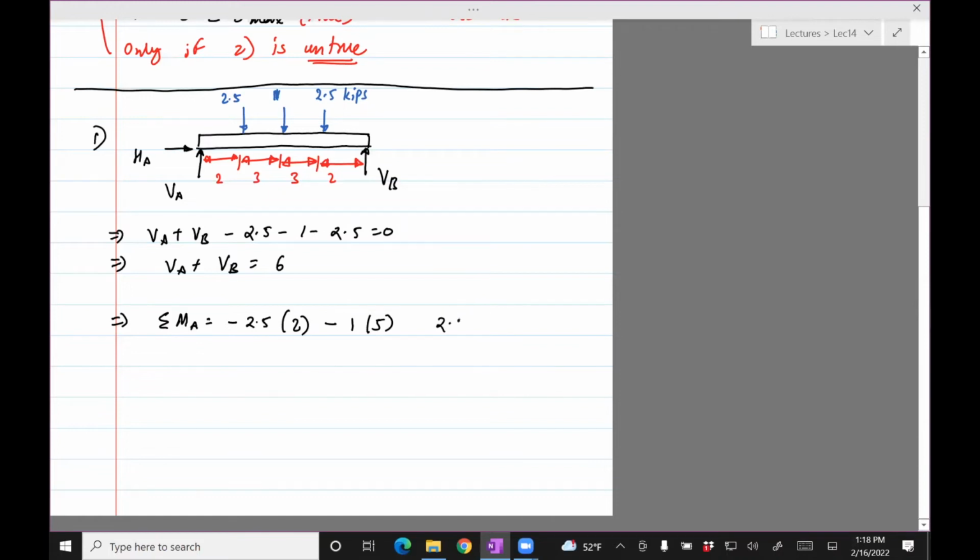And then 2.5, the one which is closer to B, is at a distance of 3, 6, 8, and also produces a clockwise moment. And then VB is at a distance of, I think, 10 from A, and it would produce a counterclockwise moment. So all this is equal to 0. So this enables me to solve for VB.